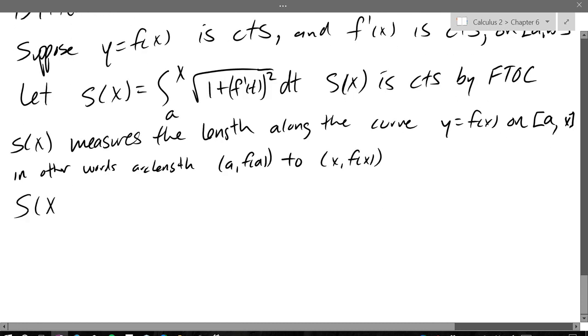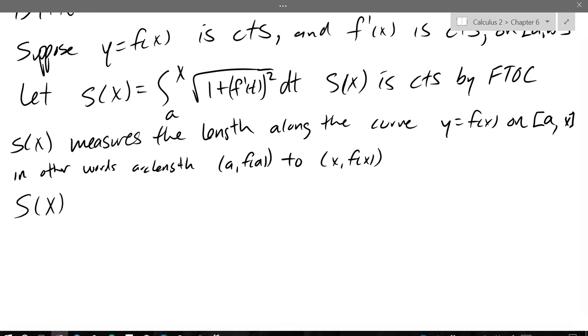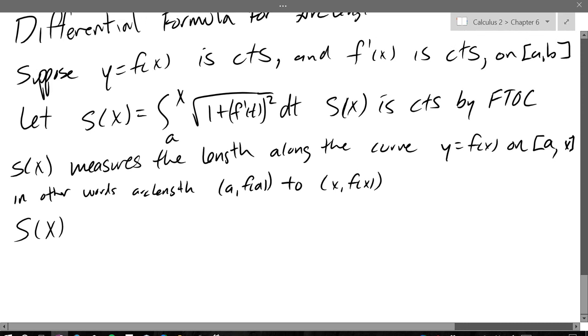Are we doing f of t or f of x? That's a good question. f is a function. You can feed it whatever you want, as long as you're inside the interval a to b, because we're continuous from a to b. So I can feed whatever I want. If I use x out here, outside of the integral, then I don't want to use x inside the integral.